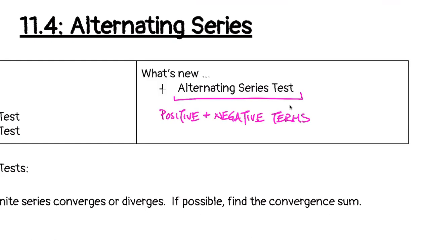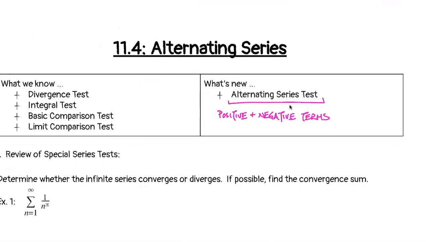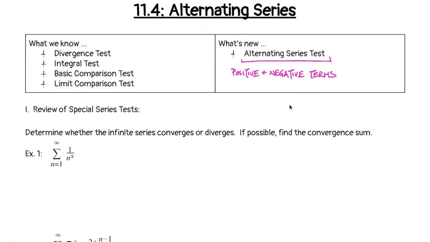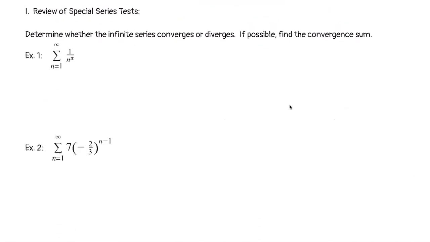Okay, so we have positive and negative terms in the same series. And so that's going to be sort of the new part for us today. But before we get there, let's take a look at some of our special series tests.